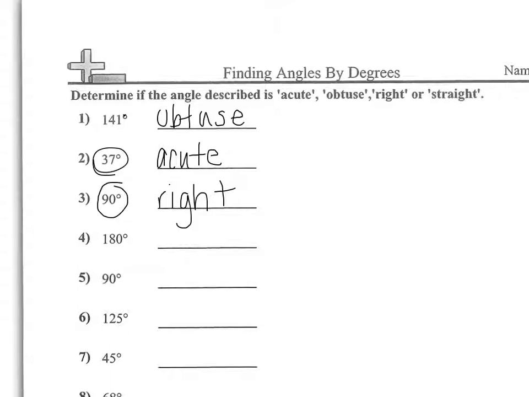Number 4 tells me it's 180 degrees. I flip back to page 4, my cool color-coded chart, and I see that 180 degrees is coded red. Remember, all my red is straight because straight angles are only 180 degrees. So number 4 is straight.